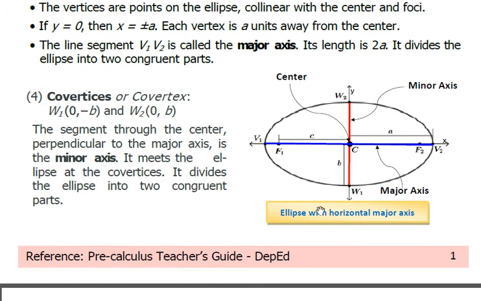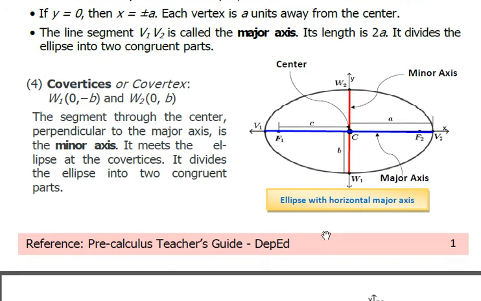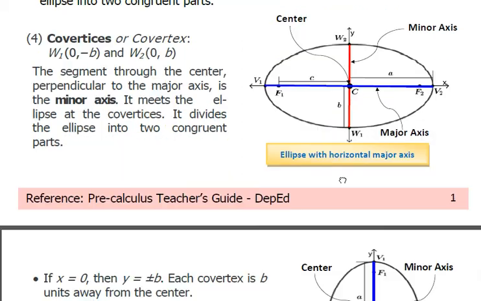How about the c? From the center going to either F1 or F2, the distance is called c.